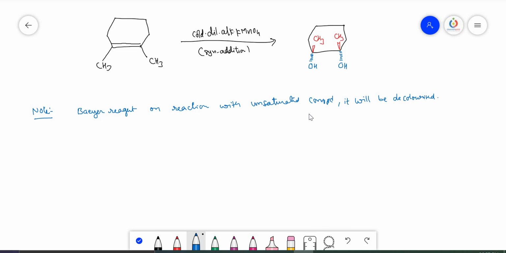So this is helpful in identifying the presence of unsaturation. Thus this reaction is used as a test of unsaturation.